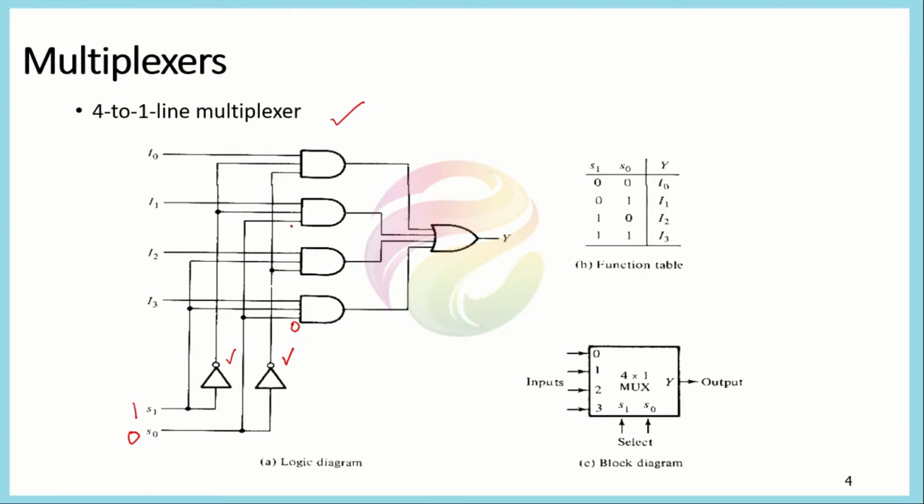Then this 0 is also connected to this one here, so we would also get a 0 here. This one is connected here, so we will get a 0 here, which is then connected to this one and this one. And as you know, if any one input of an AND gate is equal to 0, then its output would also be equal to 0.